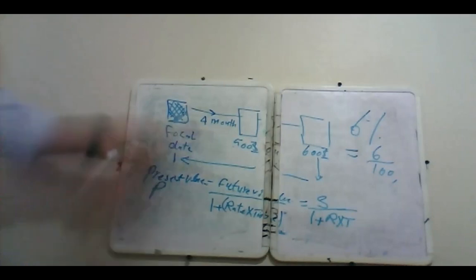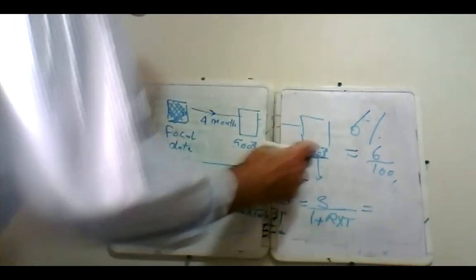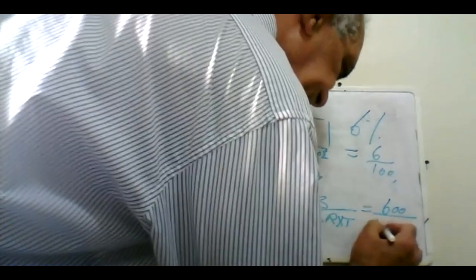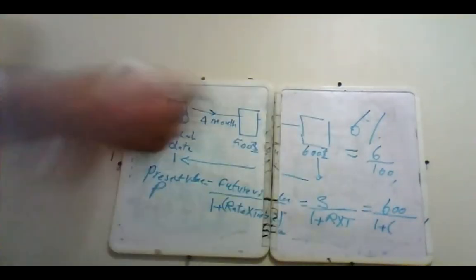So what I will do here is the same thing I did before. The future value is $600. So $600 divided by 1 plus the same rate, 0.06, which is 6%, by the time.